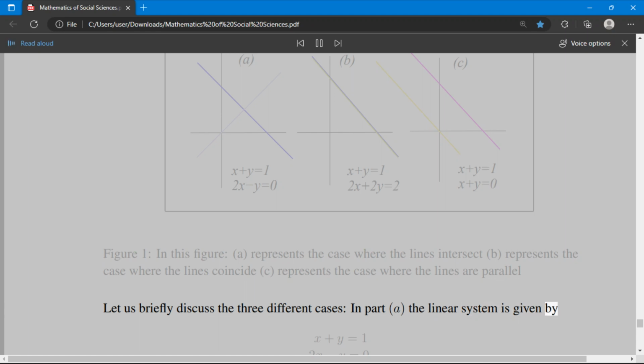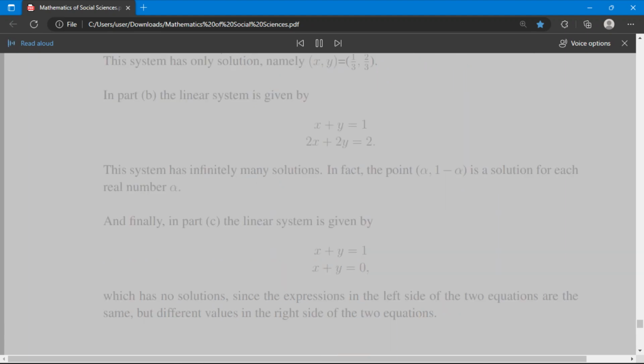In part A, the linear system is given by x plus y equals 1, 2x minus y equals 0. This system has only one solution, namely x, y equals 1/3, 2/3.